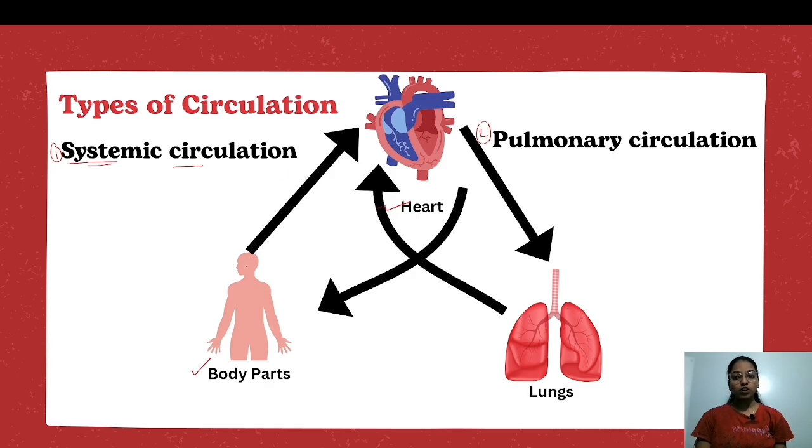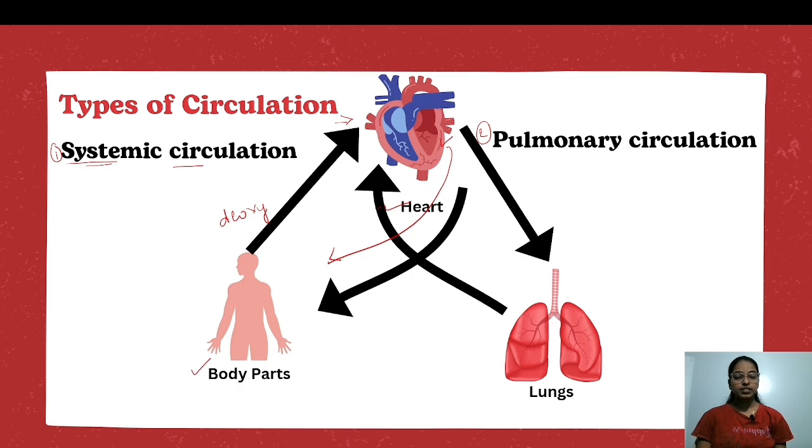The first section is the deoxygenated blood from the body parts going to the right atrium of the heart. That is the first half of the systemic circulation. The second half of systemic circulation involves the oxygenated blood from the left ventricle of the heart going to the body parts.